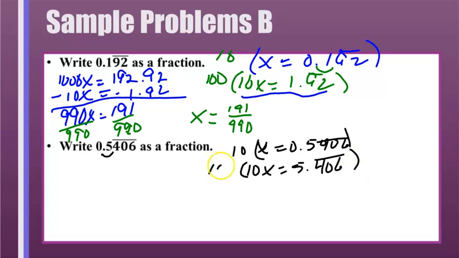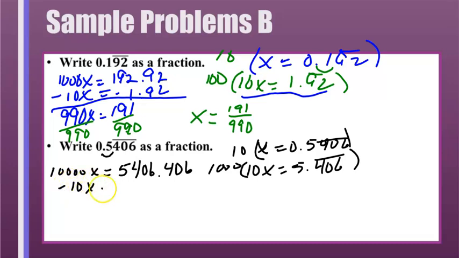Now I got to multiply this by 1,000 to get rid of the repeated part. So that's going to give us 10,000x equaling 5,406.406. And then we're going to subtract the original.